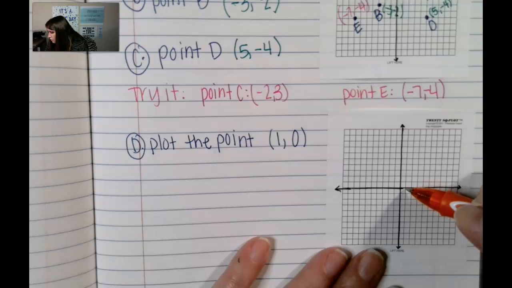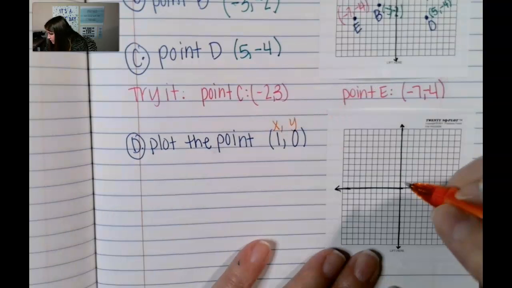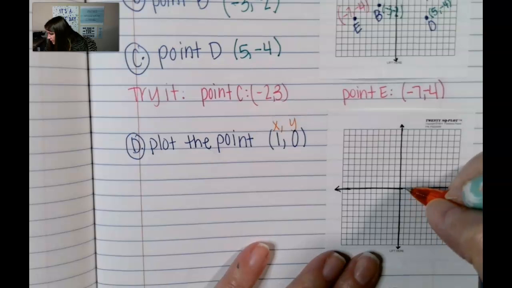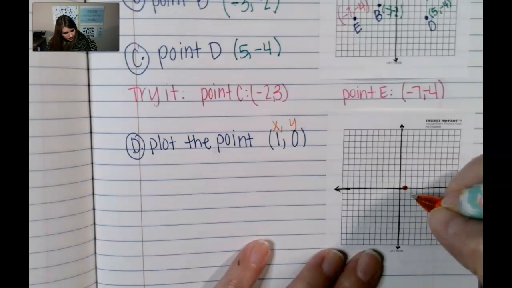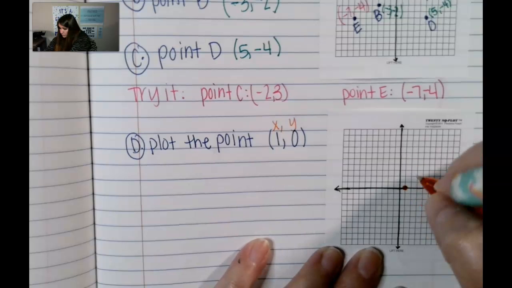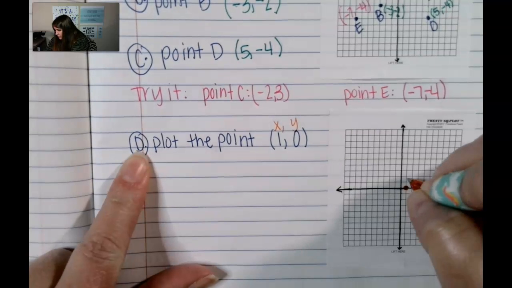I'm going to go over 1 because this is the x, this is the y. So I'm going to go over 1, but then I'm not going to go anywhere because y is 0. So this right here is my dot, and this is where it goes. So we'll call this example D.